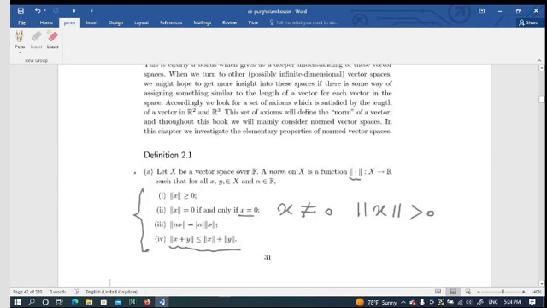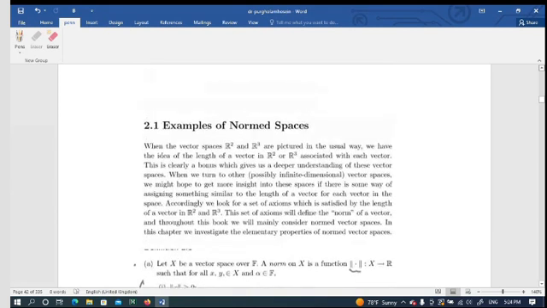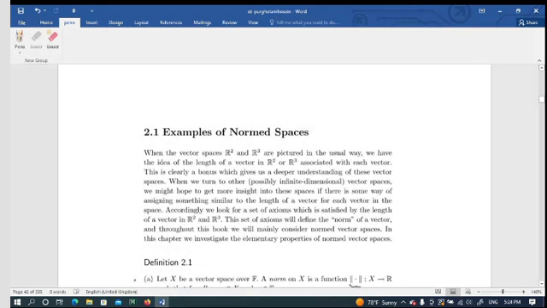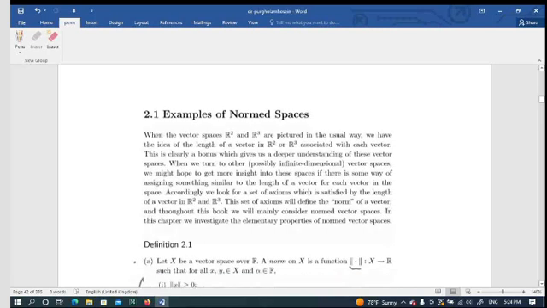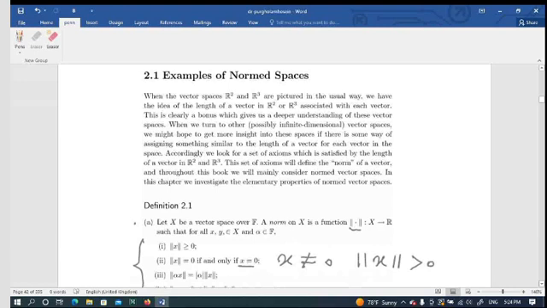Now, these concepts of normed spaces are one of the important topics in functional analysis.